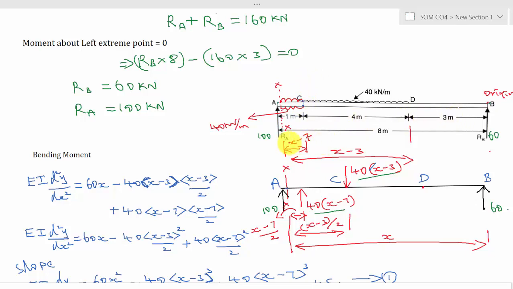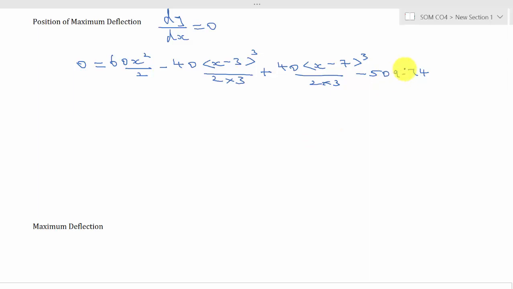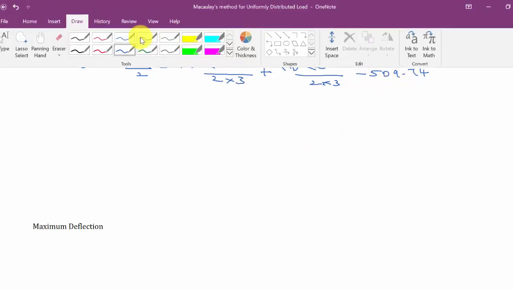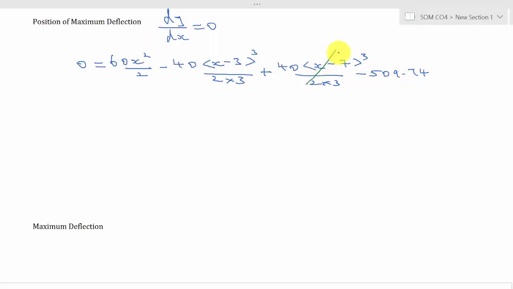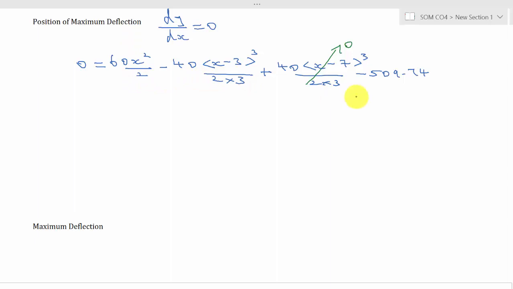So 7 minus 7 will be equal to 0. So there is no need to consider that. So I'm going to neglect this x minus 7 term. Okay. So with the remaining terms, I can calculate the x value.